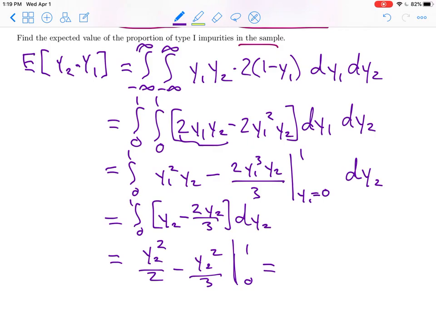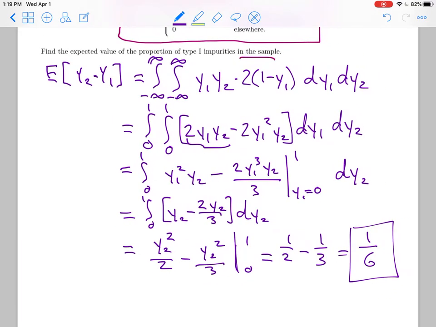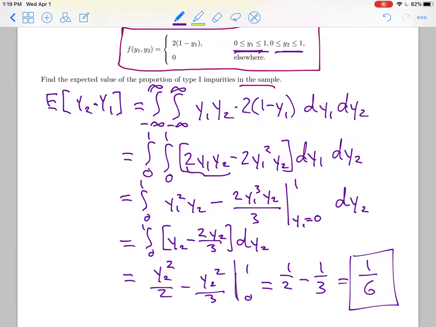When we do that, we get 1/2 minus 1/3, which ultimately gives us 1/6. So the proportion of type 1 impurities in the sample is 1/6. 1/6 of the sample has type 1 impurities.